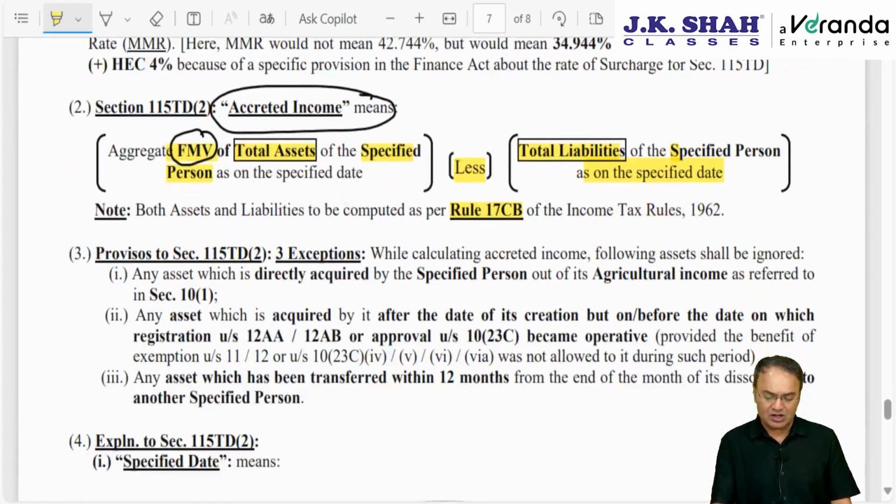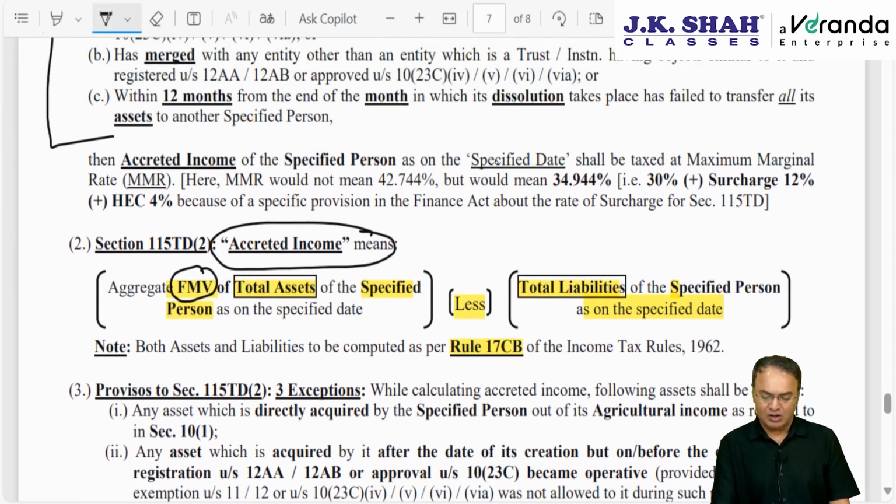Coming back, this accreted income, that is assets minus liability, in other words the net worth or net asset value of the trust or specified person, will be taxed at a flat rate of MMR. What is MMR? MMR here would mean 34.944% and not 42.744%.